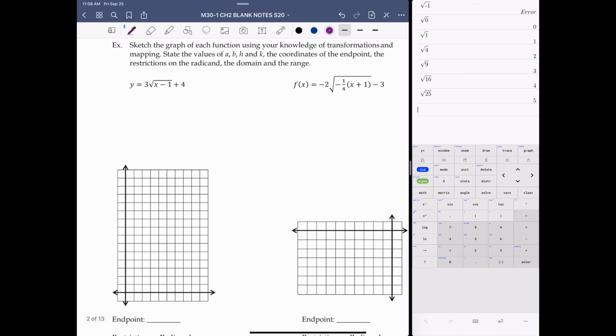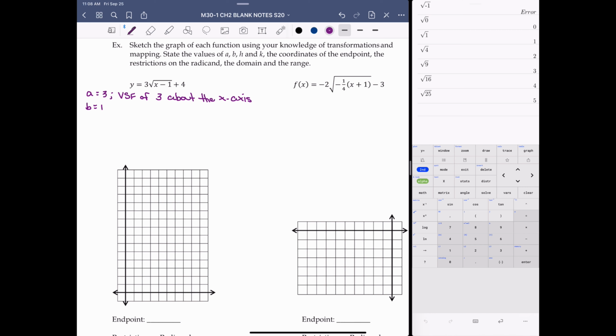We have a equals 3, which is a vertical stretch factor of 3 about the x-axis. Our b value, there is nothing being multiplied to the x under the root, so it's just 1, so there's not really any horizontal stretch factor.